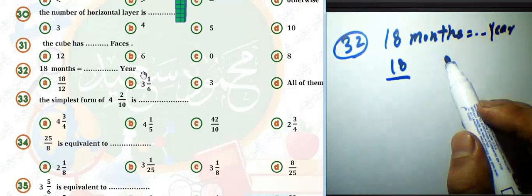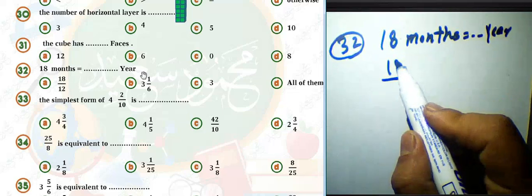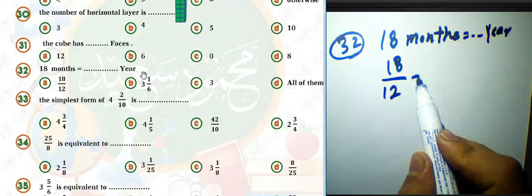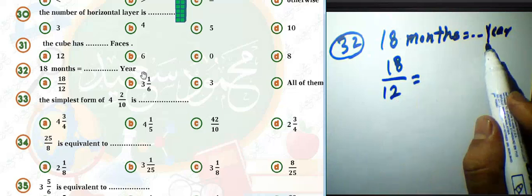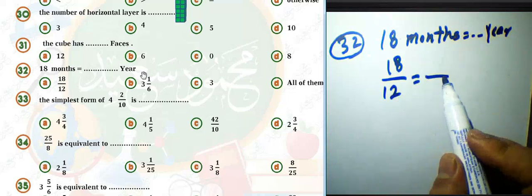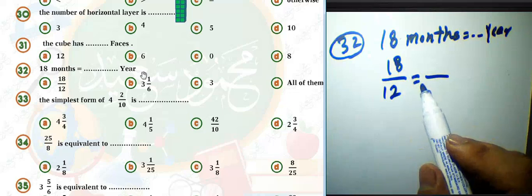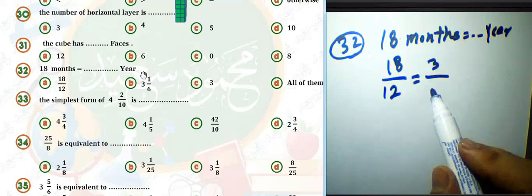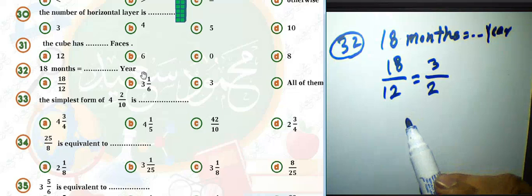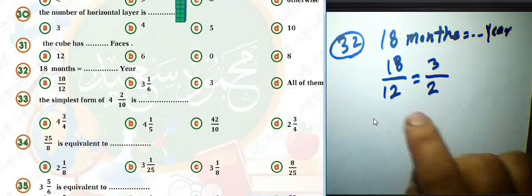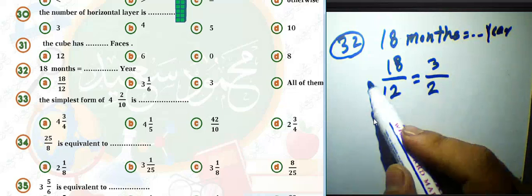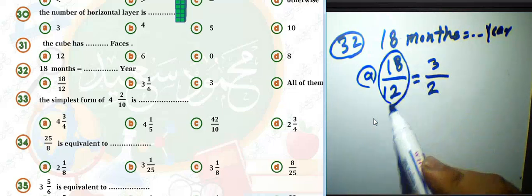We know 1 year equals 12 months, so we can write 18 over 12. Divide by 6. 18 divided by 6 equals 3. 12 divided by 6 equals 2. Choose letter A. It gives us 18 over 12.